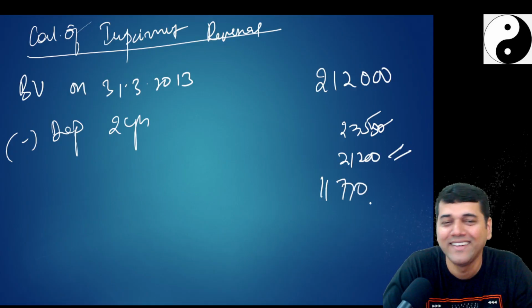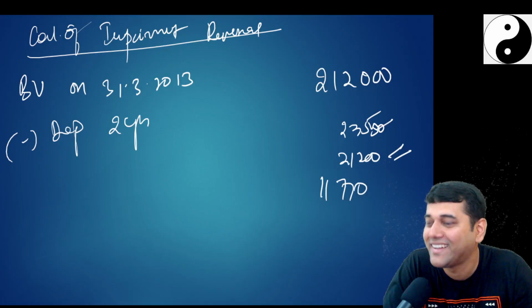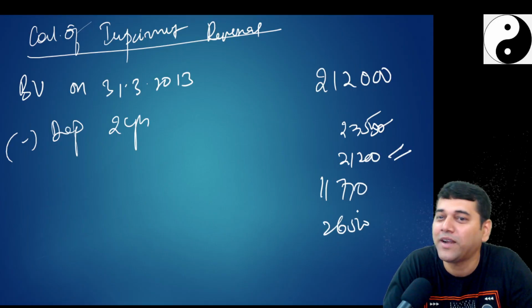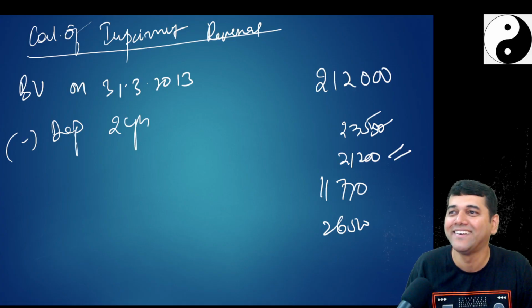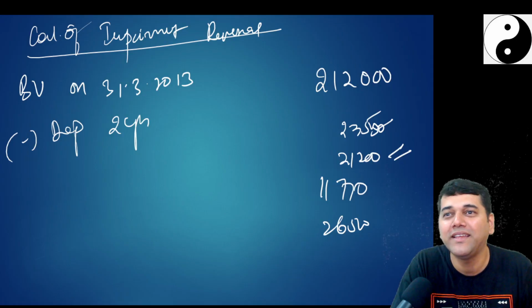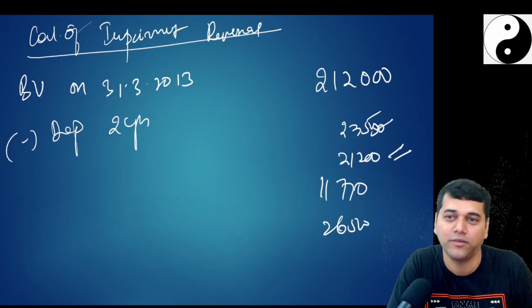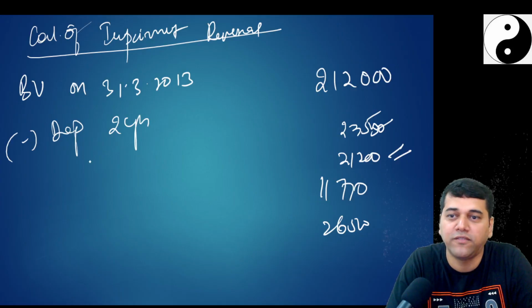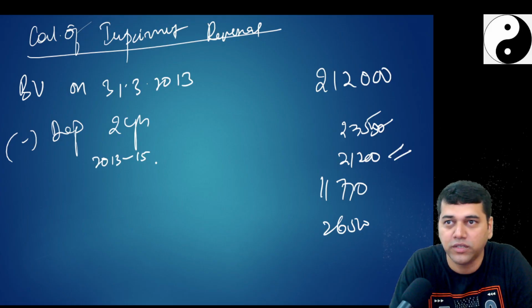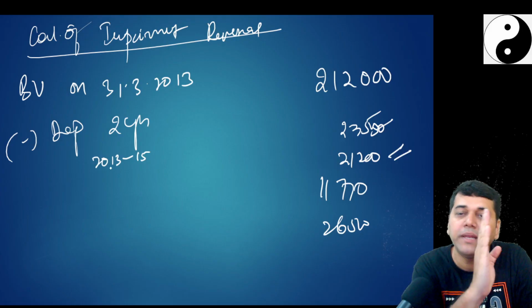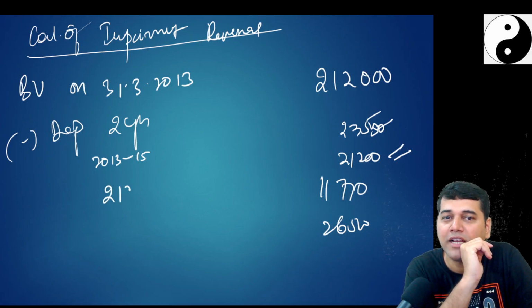11,770. I don't want that. 26,500. What am I asking, first of all? For how many years? 2 years. To calculate depreciation from 2013 to 2014, from 15, 2 years. What is my opening book value? 2,12,000.